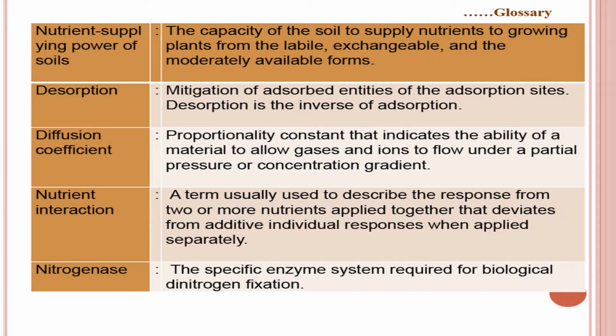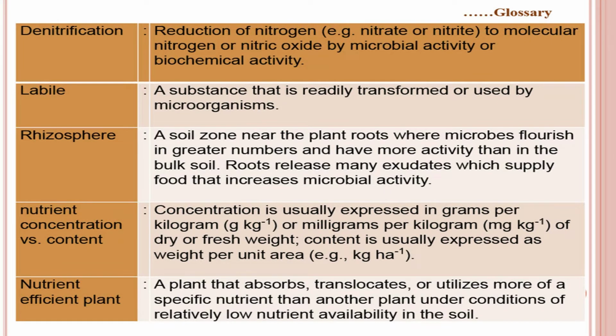Nitrogenase is very important. This is enzyme, the specific enzyme system required for biological nitrogen fixation. Denitrification is the reduction of nitrogen, maybe nitrate are converted into N2 or N2O, molecular nitrogen or nitrous oxide, by microbial action or biochemical activity.